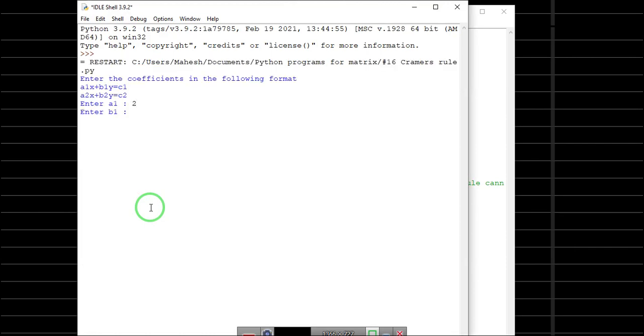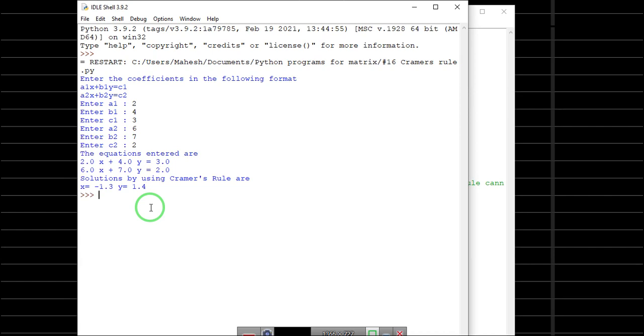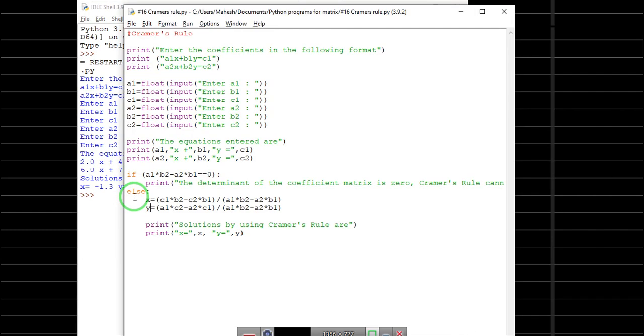Recall it was 2 4 3 and 6 7 and this is 2. The equations entered are this. The solutions by using Cramer's rule are x equals to minus 1.3 and y is equals to 1.4.